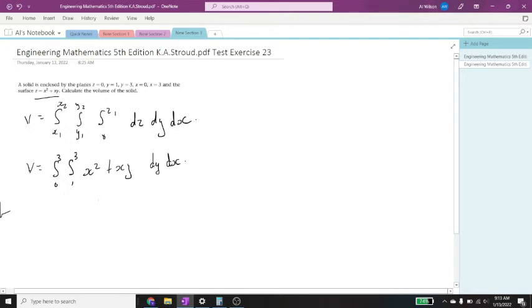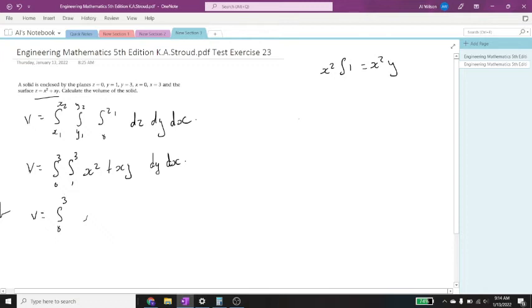So in applying now the integration with respect to y, our V is going to be equal to the integration of 0 to 3. Notice that we have here x squared, so this is going to be x squared integral of 1, which is x squared y.